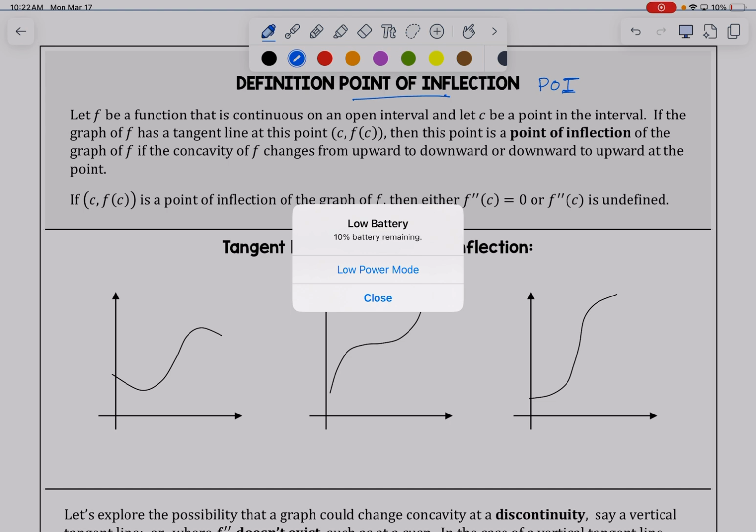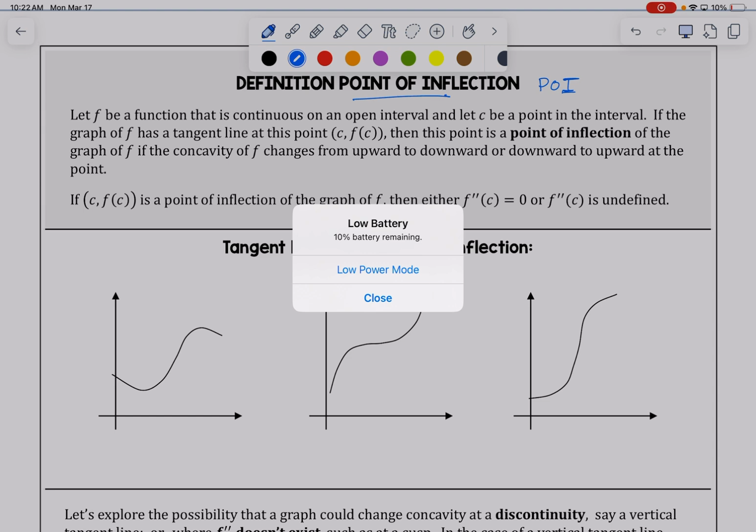I want you to think about it. Okay, so where do the POIs occur? The maxes or mins for the first derivative. The relative maxes and mins for the first derivative end up being the zeros for the second derivative. Think about it. Isn't that what you end up finding?